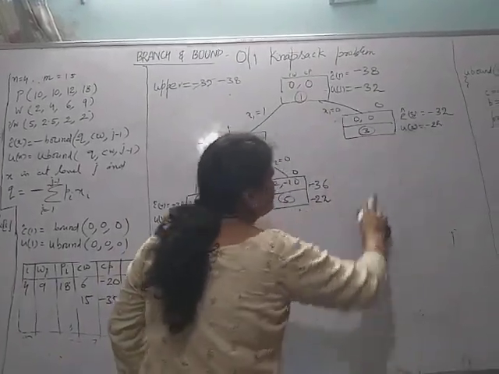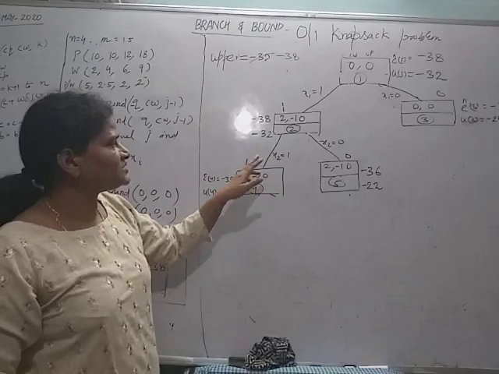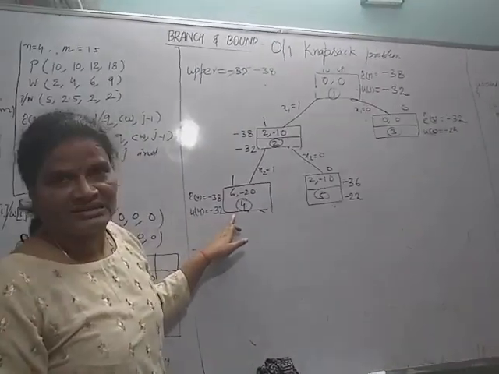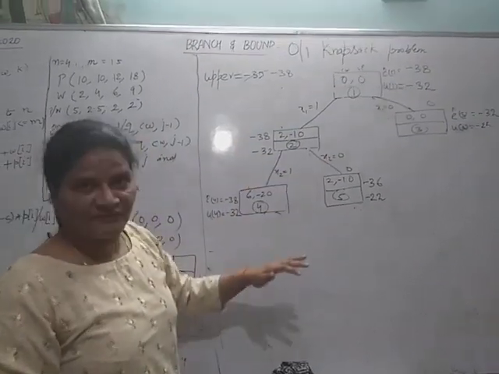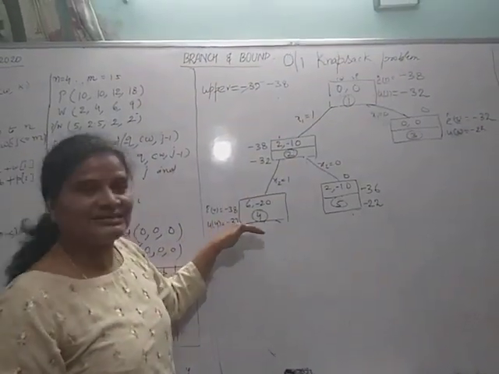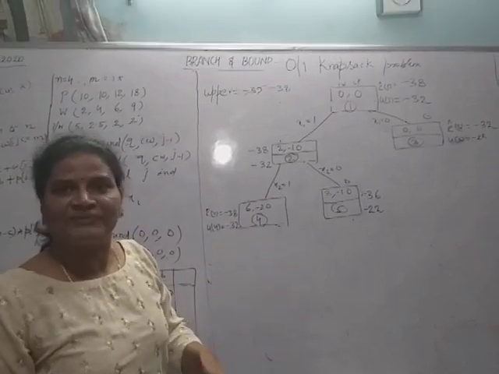Now the difference between least cost and first in first out: in least cost I selected this node as the live node, but in FIFO we do not consider the next E node according to the cost, we simply consider the first live node.